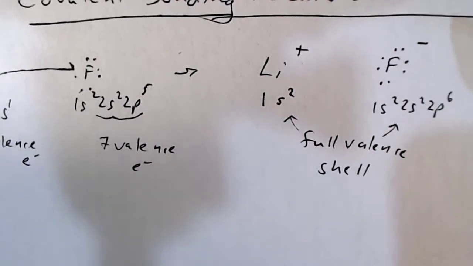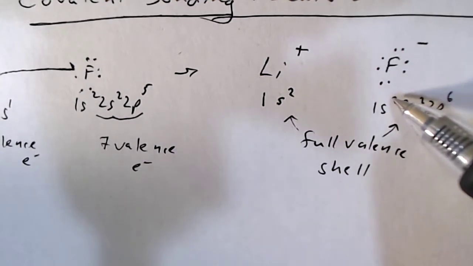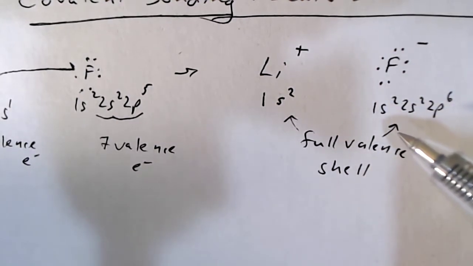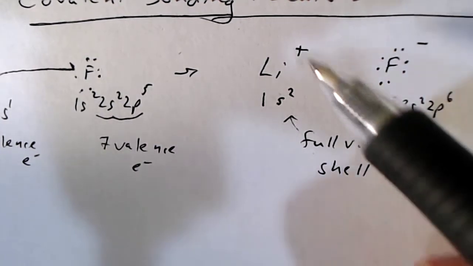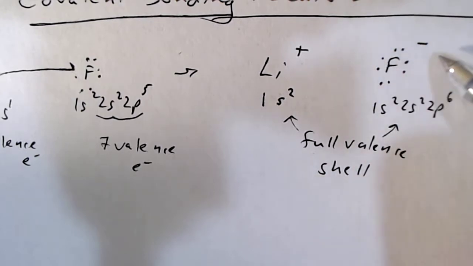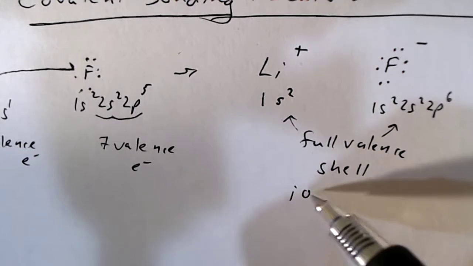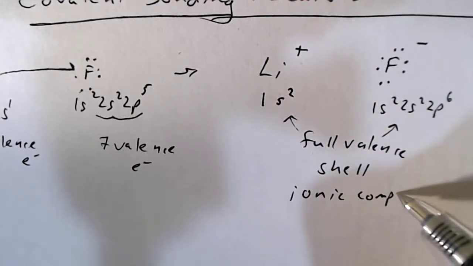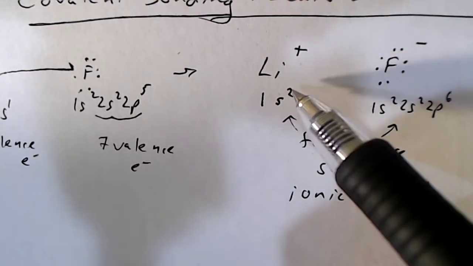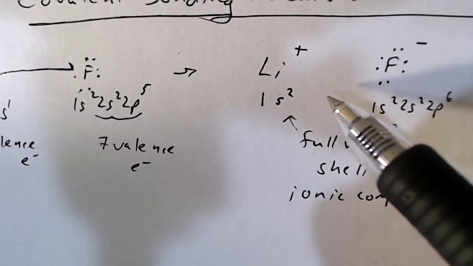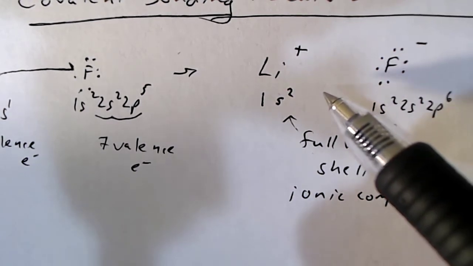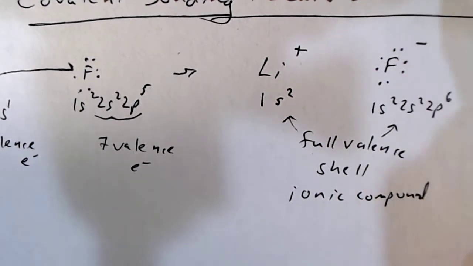This is lithium fluoride. This is going to be fairly stable because not only do both of these ions now have full valence shells, but also because there's going to now be an attraction between this positive and negative charge. This will be an ionic compound where it's just going to have a lot of lithiums surrounded by fluorides, and the fluorides will be surrounded by lithium, so that there can be just a lot of positive charges near negative charges.